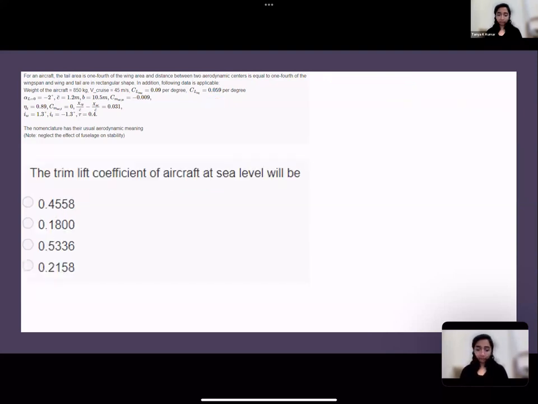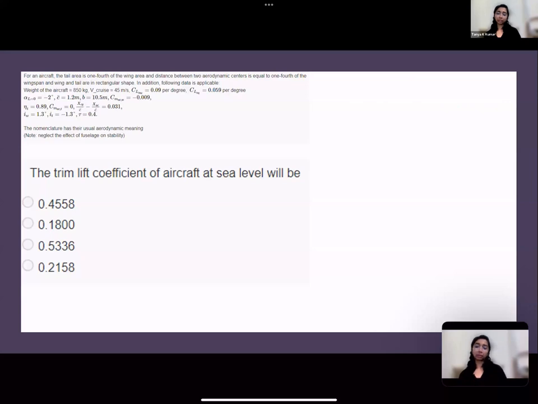Then the trim lift coefficient of the aircraft at sea level will be. This should be simple. Yeah, 0.6592 was the whatever.